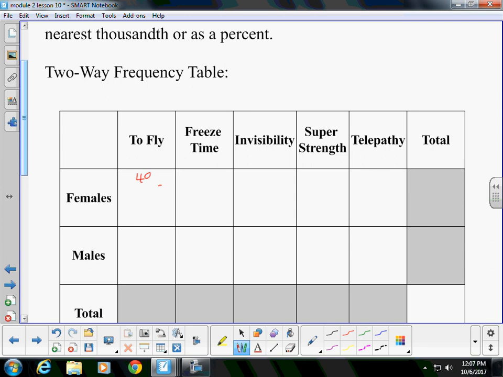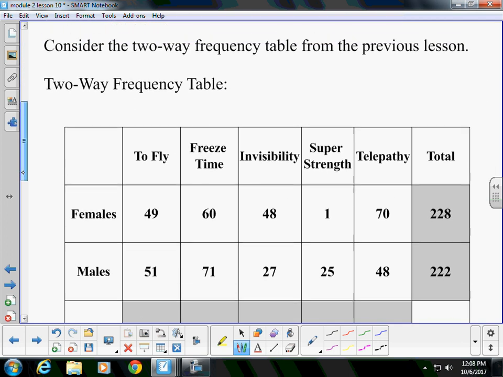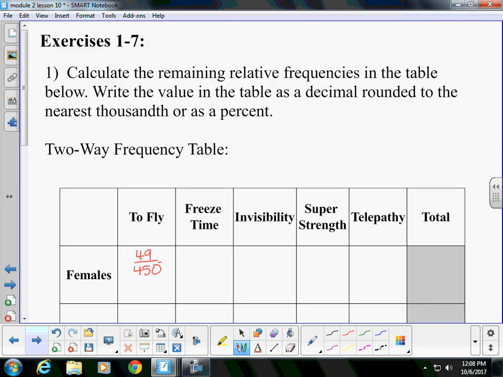This one is 49 divided by 450. And then we've got 60, 48, 1, and 70, all divided by 450.